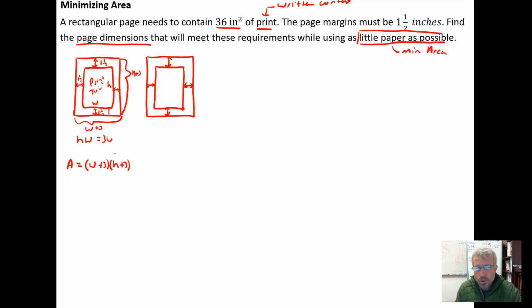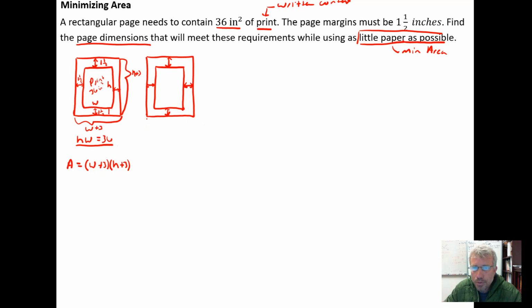So we would need to replace either the W or the H in terms of the other variable, and you would do that using the print area here. Height times width equals 36. So for example, this would tell us that height is equal to, divide both sides by W, 36 over W, and then we could replace the height right here in the area model with 36 over W, and we would have area as a function of a single variable. So that's possibility number one.